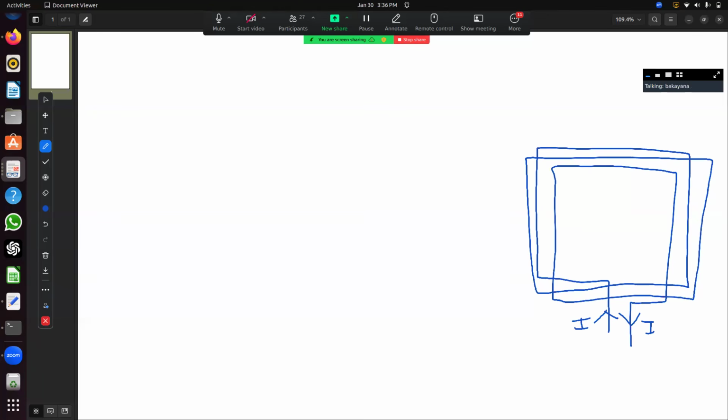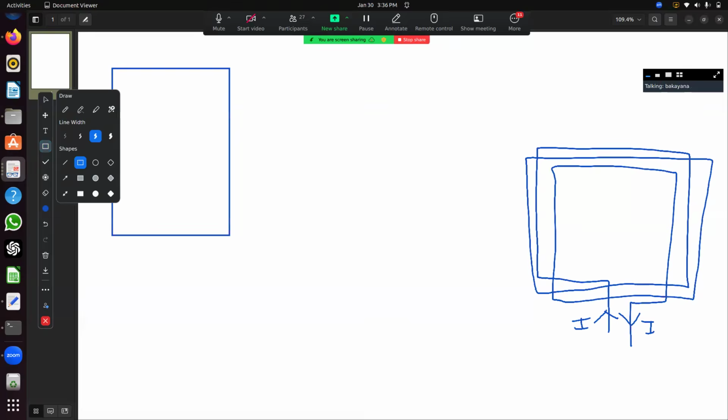If this is my rectangle, of course I know that there will be current coming in, and on the other side, current coming out.